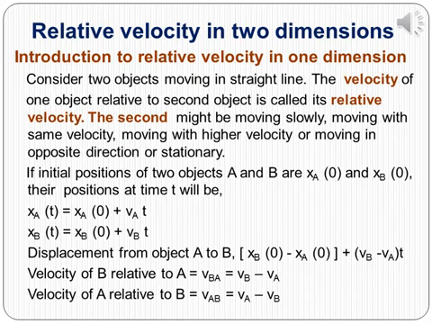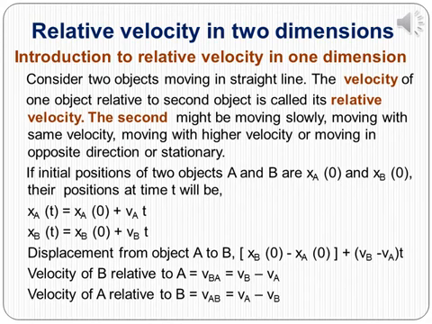Then the displacement from object A to object B can be written as xb(t) minus xa(t) equal to xb0 plus vb t minus (xa0 plus va t), which is equal to xb0 minus xa0 plus (vb minus va) times t. Then how can we write the velocity of B relative to A and the velocity of A relative to B?